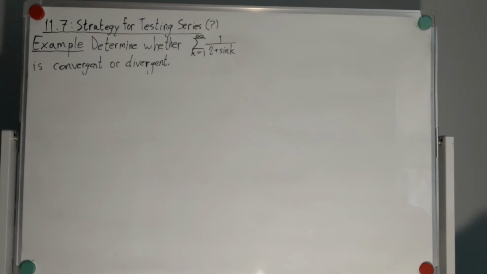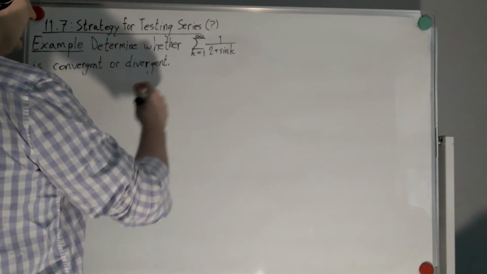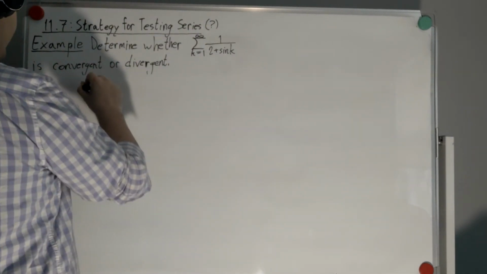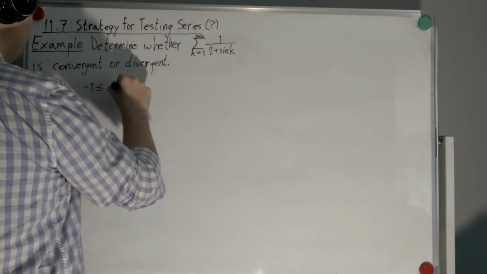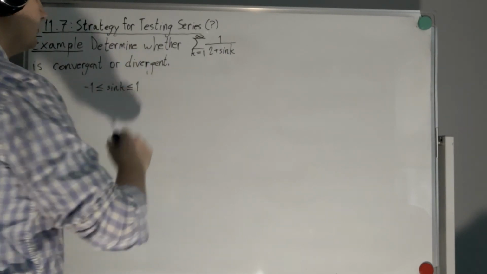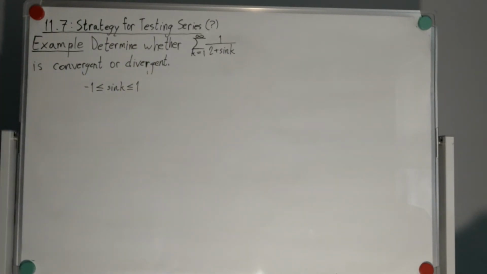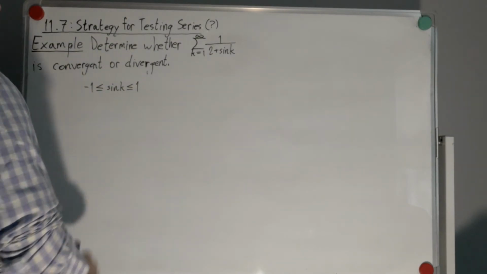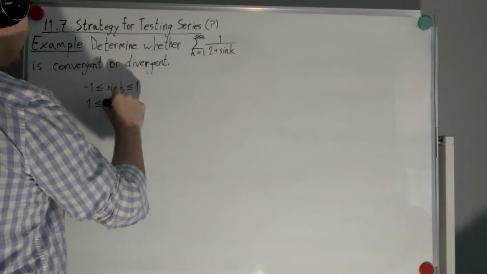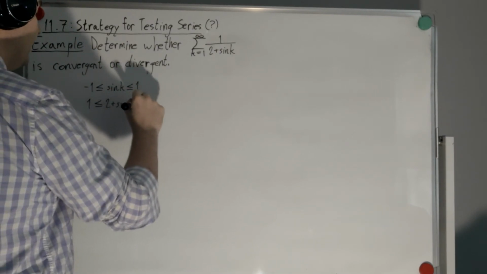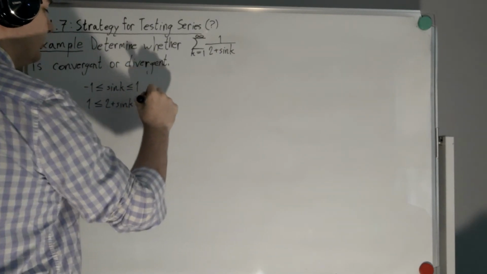Now, of course, the sine of k is always greater than or equal to -1 and less than or equal to 1. If you add 2 to everything here, then what you'll get is that 1 is less than or equal to 2 plus the sine of k, and that in turn is less than or equal to 3.